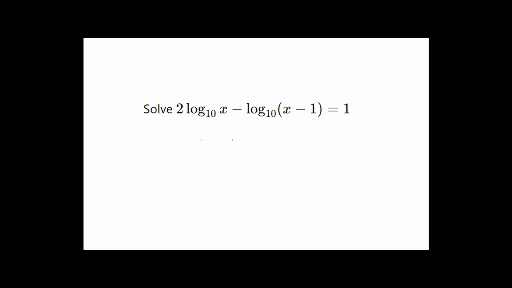So this one here, how are we going to go about doing this one? Let's bring this 2 over, so that we have log base 10 of x squared minus log base 10 of x minus 1. And I want to get rid of this 1.